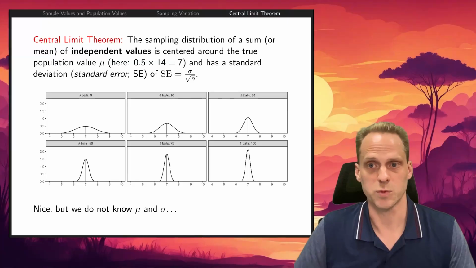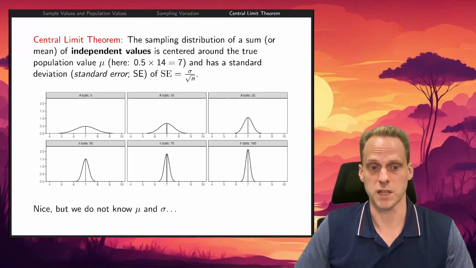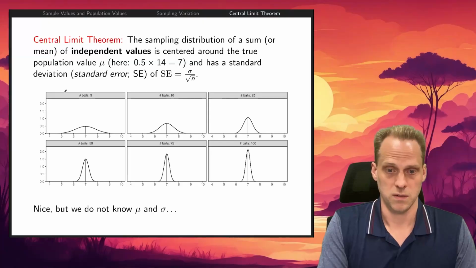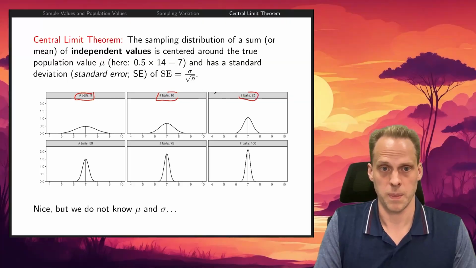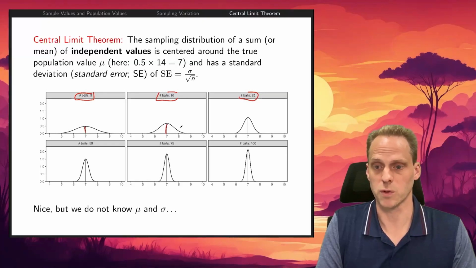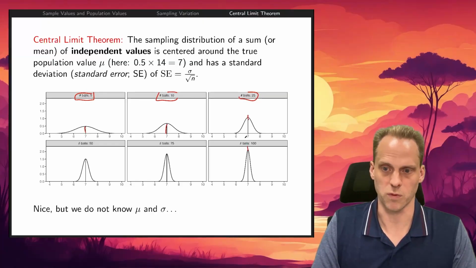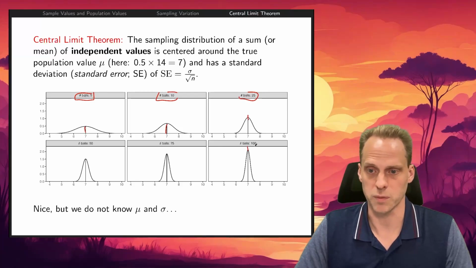So the sampling distribution of a sum of independent values is centered around the true population value. So that's interesting here. What happens here is basically the number of balls. So here we have 5, 10, 25. So it's centered around the true population value. So this is the distribution the sum score takes. Right? So the sum of all these, or the average of all these values. Okay, so we throw 100 balls.